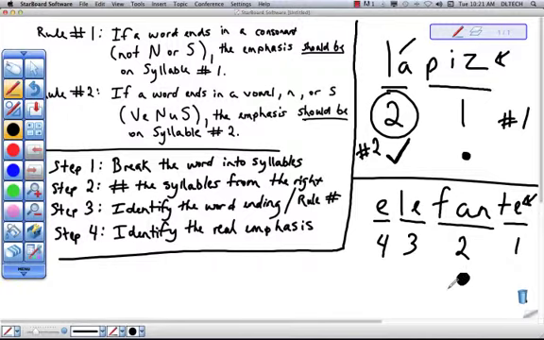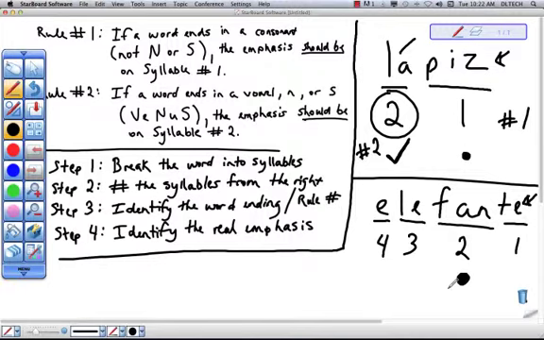All right, step number 4, we identify the real emphasis. Now, remember, you have to get really dramatic. Let's say every syllable dramatically to see if we can find where the emphasis goes. Elefante, elefante, elefante, elefante. Which one of those sounds right? Elefante.